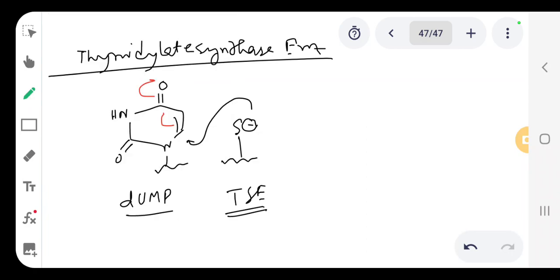And what will happen? There will be the formation of another very interesting moiety. So the S. Now the double bond will open up and it becomes OH, and there will be a double bond.